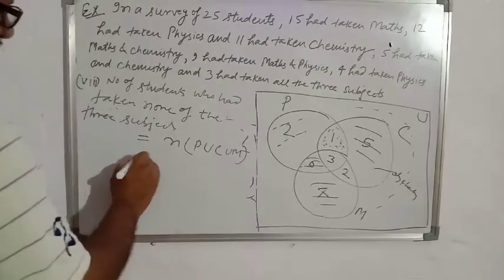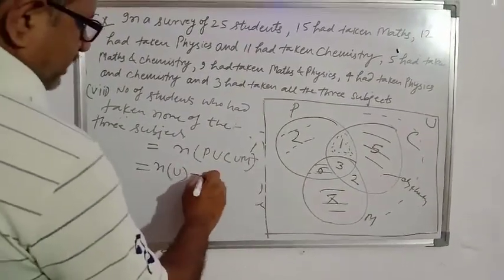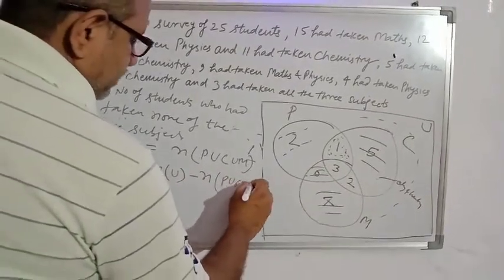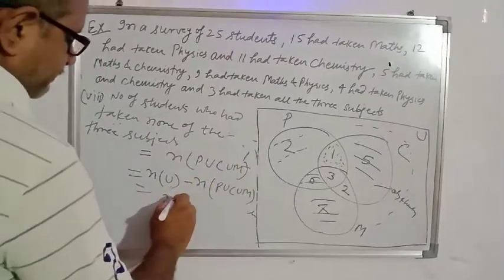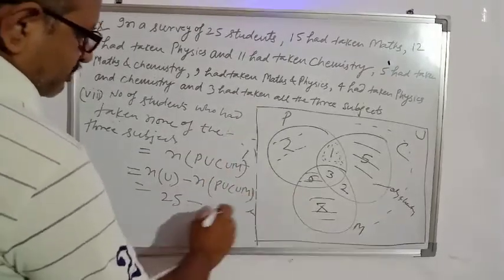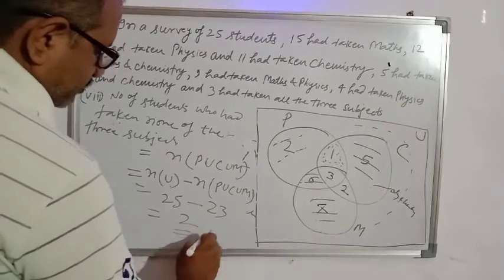So what is the total? Total students minus n of P union C union M. Total students are 25 and P union C union M we have found is 23. 25 minus 23 is 2.